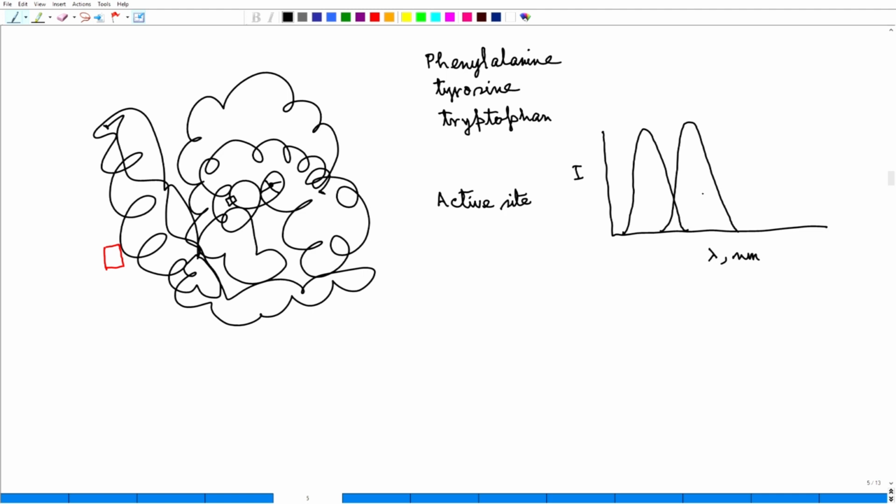Emission spectra is always like a mirror image of absorption spectra, except they come at longer wavelengths here. So, this is one. Now, for my fluorophore 2, this is fluorophore 2 say.